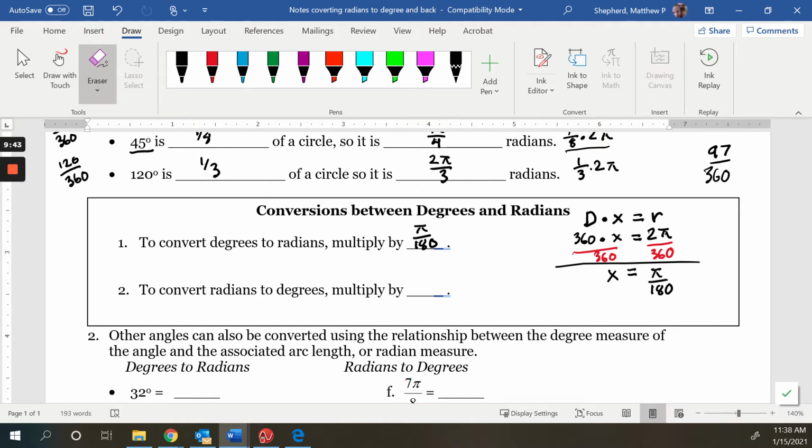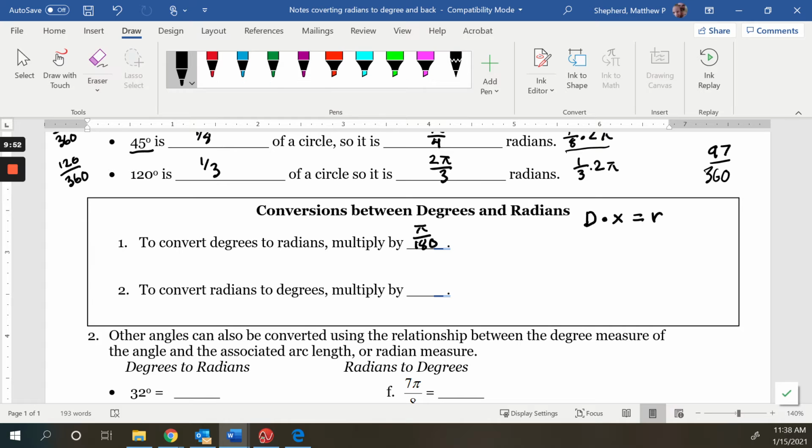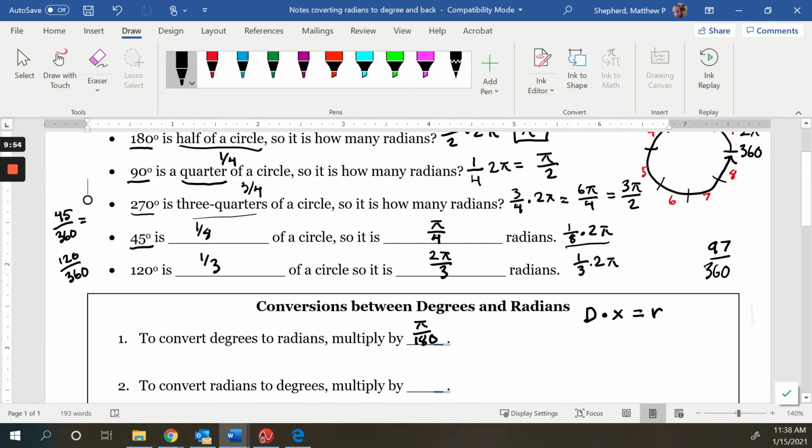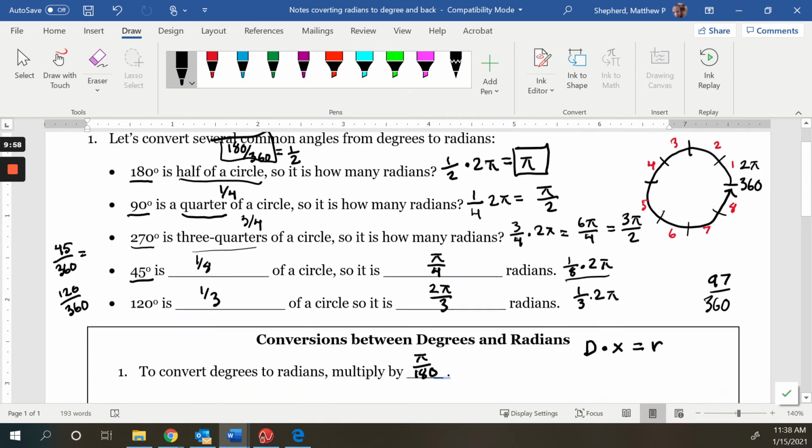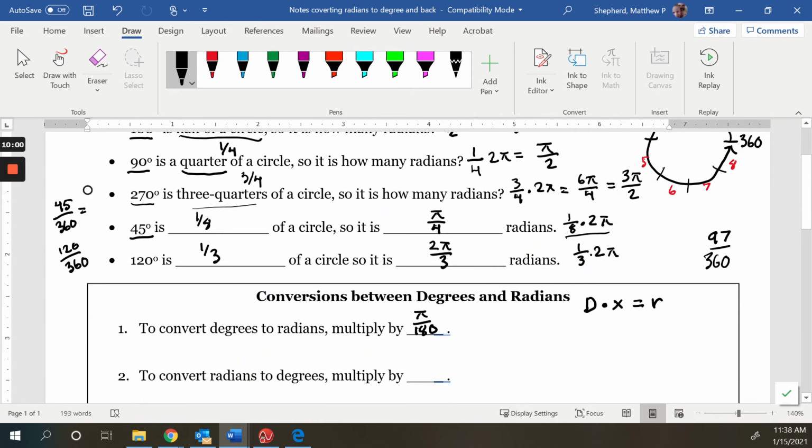So let's go ahead and test that. Let's see if our x works. So let's take some other numbers that we already know. We figured them out from above. So let's even take that first one, that 180 should be equal to pi. So if I take my degrees, that 180 times pi over 180 would equal pi.